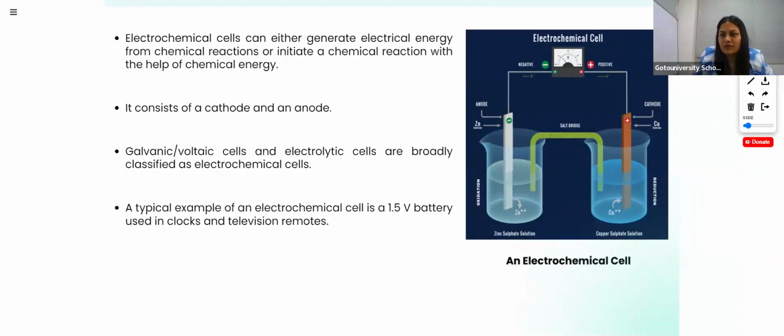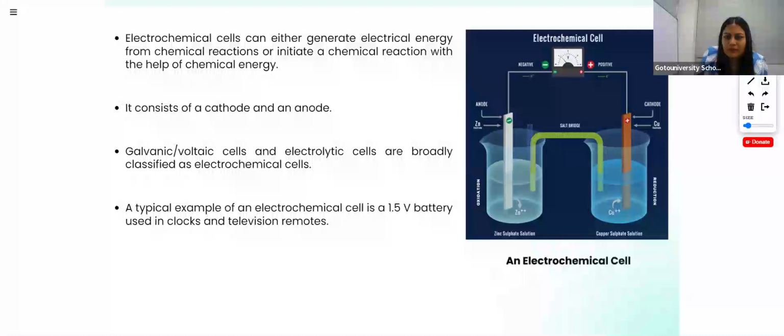right. So if you see here the arrangement for an electrochemical cell, we are having two electrodes dipped in different solutions. Okay, the zinc electrode is dipped in zinc sulfate solution, and the copper electrode is positively charged, or say cathode, it is dipped in copper sulfate solution. Okay, and these two electrodes are connected to a voltmeter to provide electricity, right?